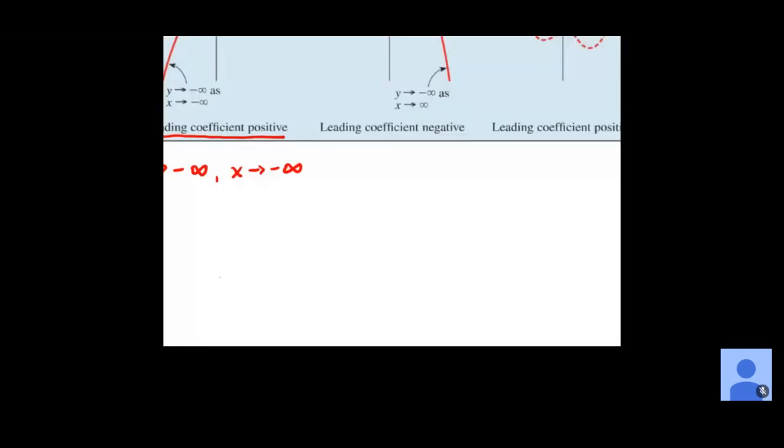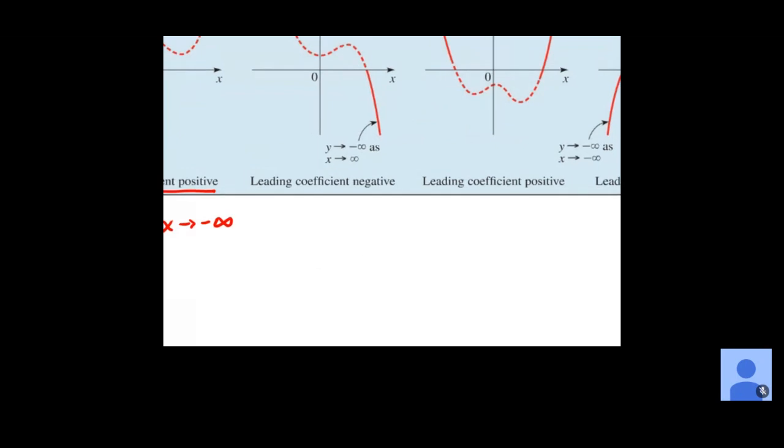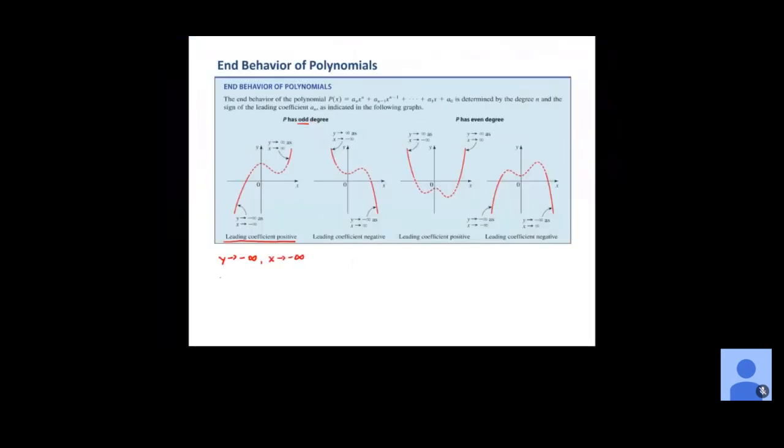Now on the other side, we're going to say as x goes to positive infinity, y is also going to positive infinity, right? So as I go to the right towards positive infinity on the x, I'm also going up towards positive infinity on the y.